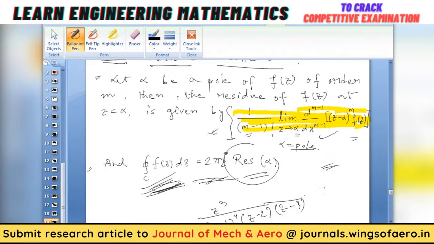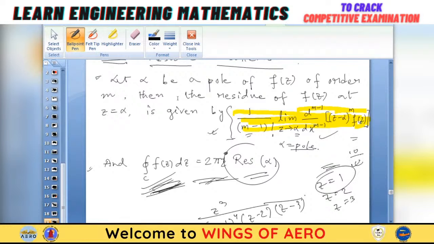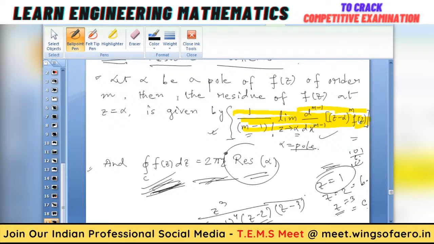So 3 poles are there: z equal to 1, z equal to 2, and z equal to 3. For z equal to 1, you have got a residue 101 by 6 or whatever. For z equal to 2, you will get another residue, suppose it is b. For z equal to 3, you should get another residue, suppose it is c.